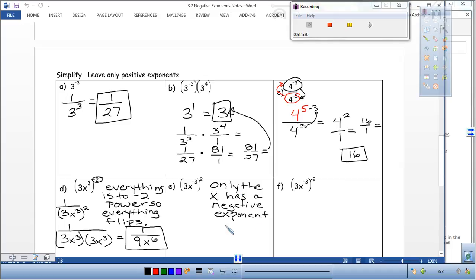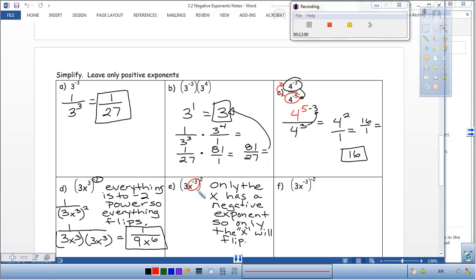Okay, only the x has a negative exponent, so only the x will flip. Okay. The 3 will stay on top because it's not to a negative exponent.